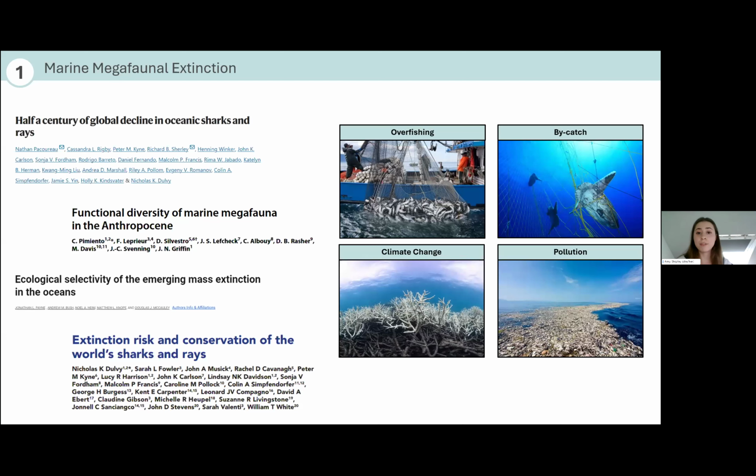And then we also have climate change and pollution causing a lot of habitat degradation and reducing range habitats. Currently around one third of all marine megafauna are at risk of extinction, but we don't really understand how this will impact marine ecosystems if they do actually go extinct.